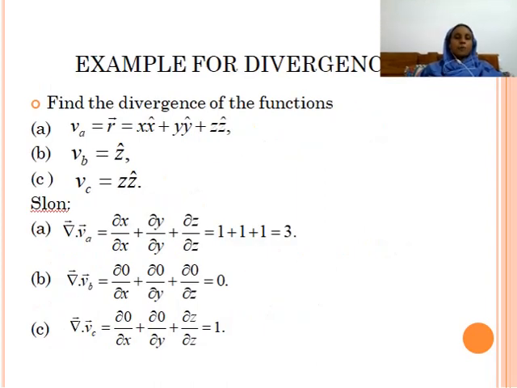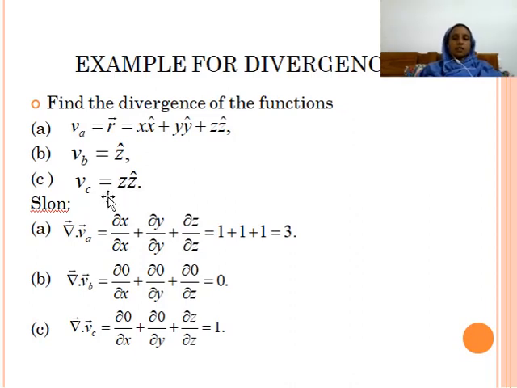Now, you can do a problem to clear this concept. Find the divergence of the functions VA equal to position vector r, x cap plus y cap plus z cap. There are three functions here. First one is this one, second one is VB equal to y cap, and third one is VC equal to z cap.